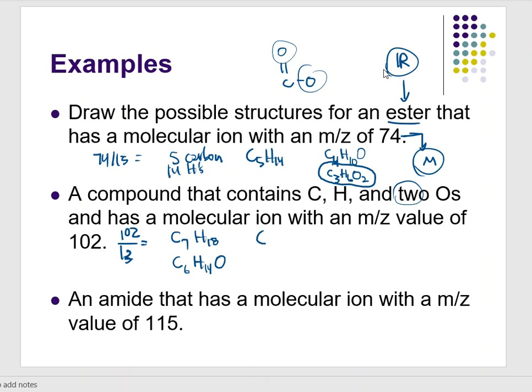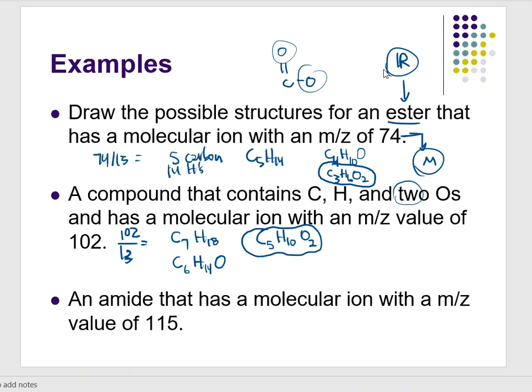So I'll take away another carbon, so it gives me 5. I'll take away 4 more hydrogens to give me 10. And this will give me another 16 freed up spot that I can squeeze another oxygen into. So the condensed structure is C5H10O2.